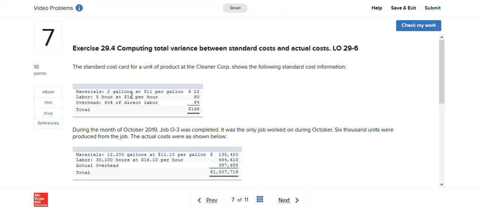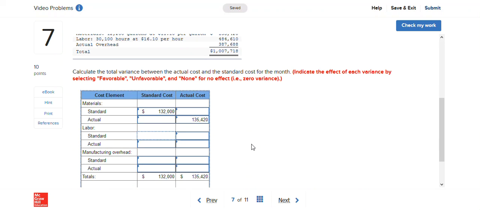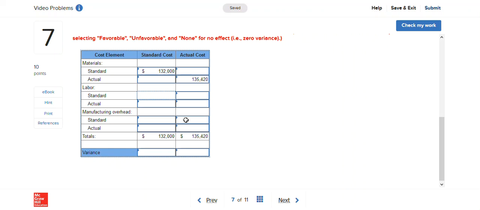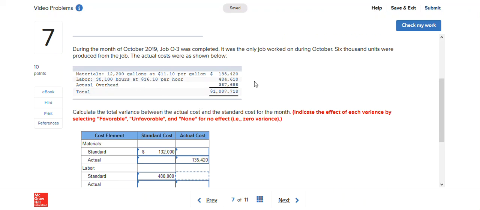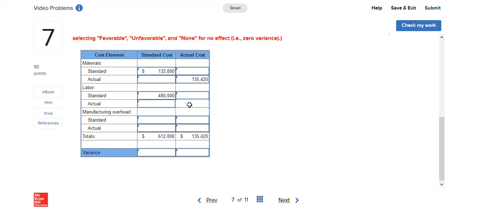And our standard cost is $16 per hour. So we take 30,000 hours times $16 an hour is $480,000. And our actual costs are up here, and they're given, $484,610.